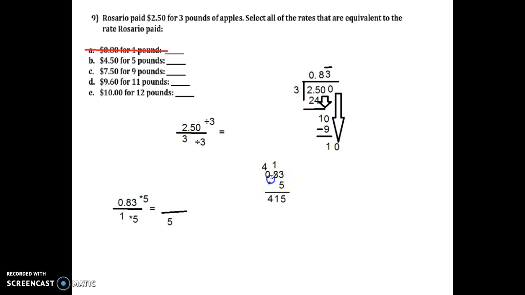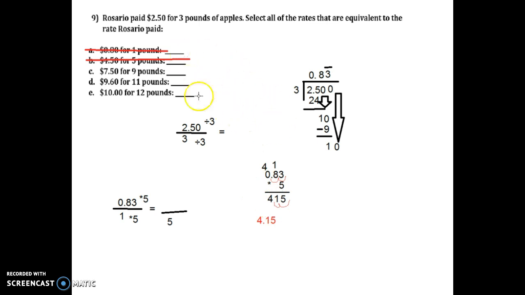Well, we have 2 spots over, right, to get rid of it. So I'm going to go 1, 2 spots over. So I know that this answer is 4.15, which is the equivalent rate for 5 pounds. So that is not the same, right? 4.50 is not the same as 4.15. So there's another one off our list.